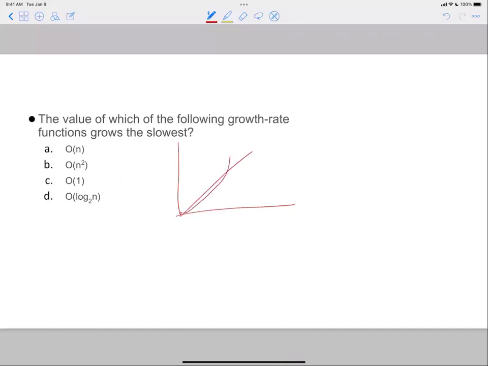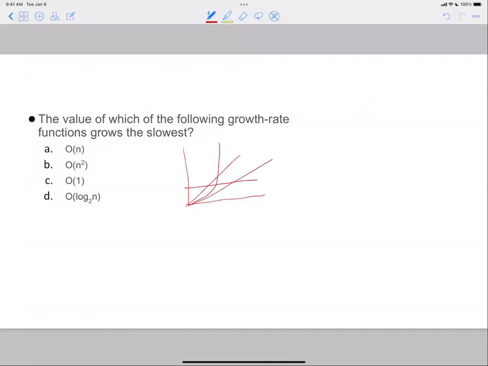Let me do it again. So linear, n square, and 1, and maybe log base 2 of n like that.